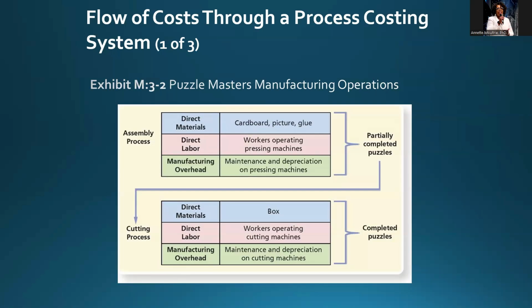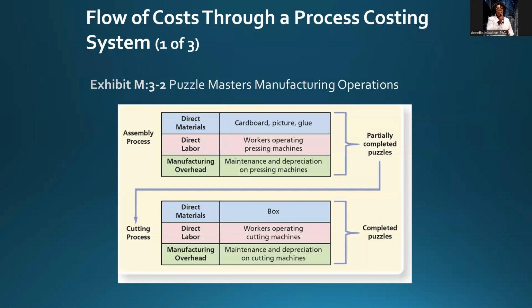Now, the direct materials, you have the puzzle box and the packaging materials. In direct labor, you have the workers operating the cutting machines to shape the puzzle pieces. And then in the manufacturing overhead, the machine maintenance and depreciation of the cutting machines take place.